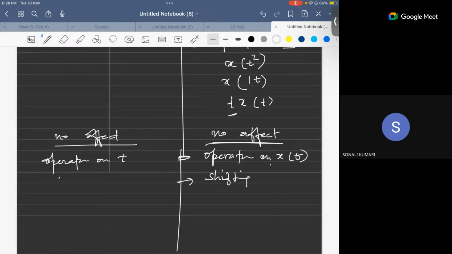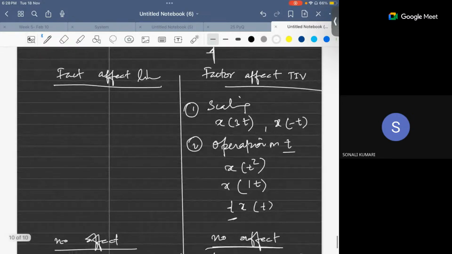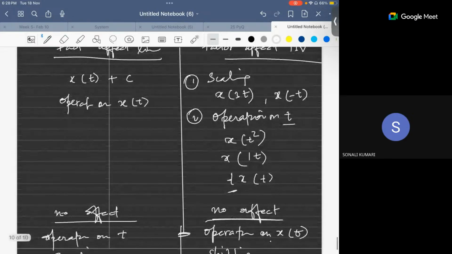Scaling will not have any impact on the linearity. Shifting also will have no impact. The exceptions I told you already are the differentiator and the integrator. The factors that do affect linearity are a constant being added, or an operation on x of t. Okay, that summarizes whatever we have read till now. Clear?